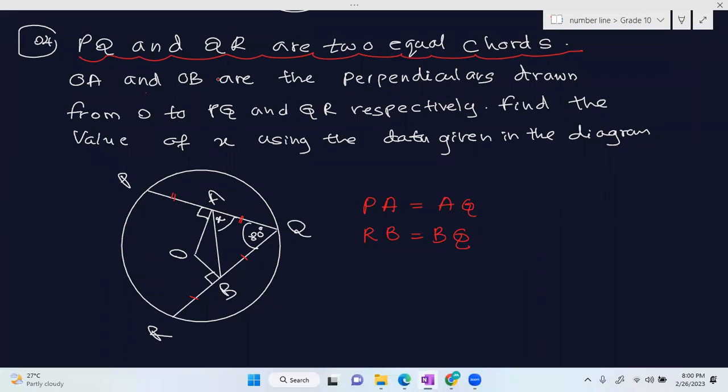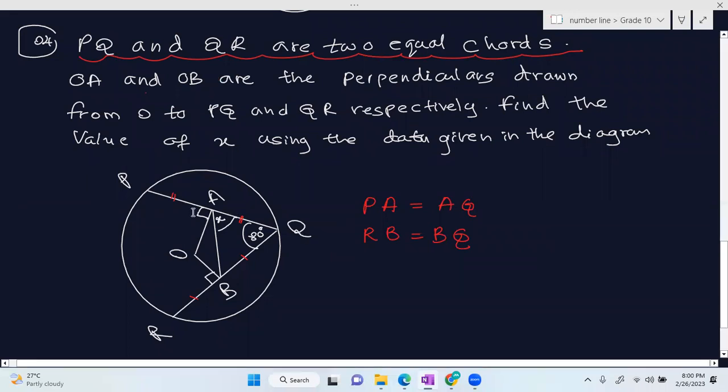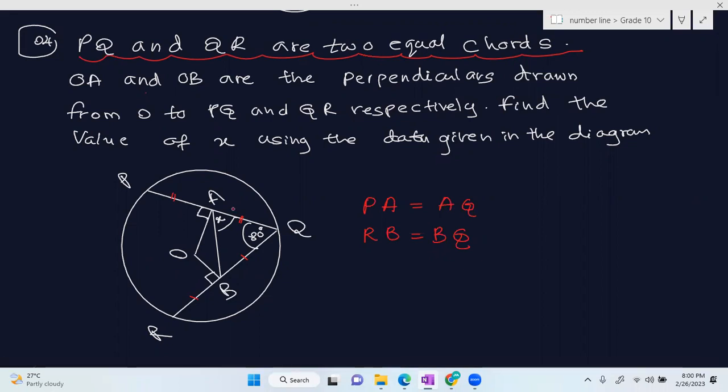That means they divide them into two equal parts, no? So now equal chords are bisected by the perpendiculars. Equal chords are bisected. So when equal chords are bisected, what happens?